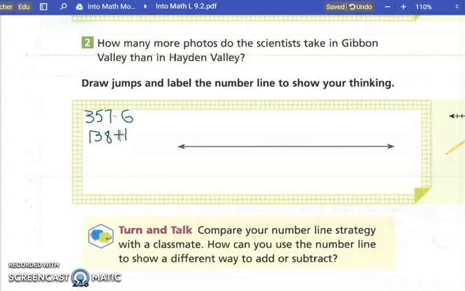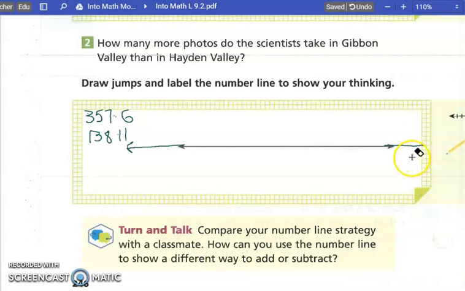They want to know how many more. So we're going to start with our biggest number, right? We're going to extend this number line so we have more room to write this time. We're going to start at 357 because that's how much we have.